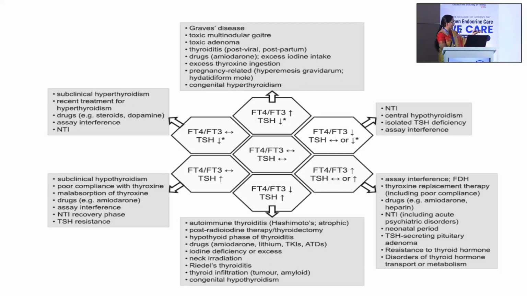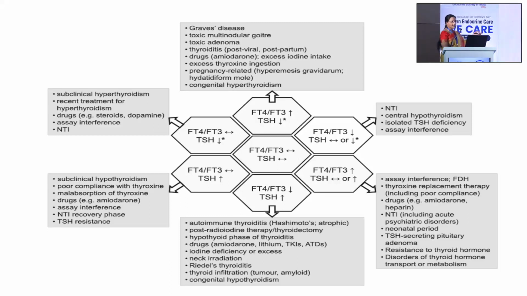And look at free T4, T3 increased, but TSH normal or increased. The whole list: it can be assay interference or resistance to thyroid hormone as we have discussed, or TSH secreting adenoma, non-thyroid illness, or drugs. Again, down below is the hypothyroidism. And this is subclinical hypothyroidism: T3, T4 are normal and TSH is elevated.